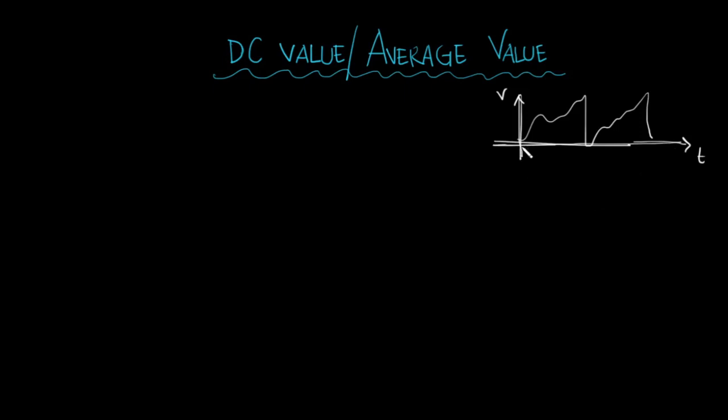Intuitively, what average value means is that suppose we take a certain time period of a signal. Suppose this is the time period T, and you can imagine that this signal is actually made of ice. This is quite a useful analogy to understand what an average value gives.